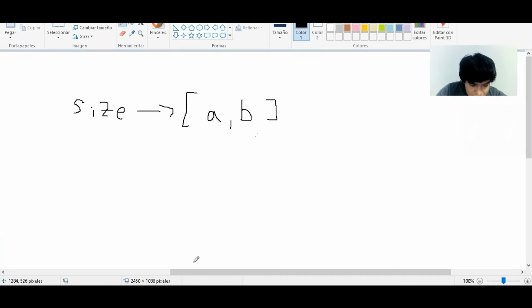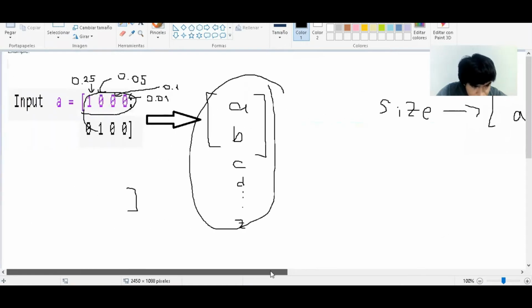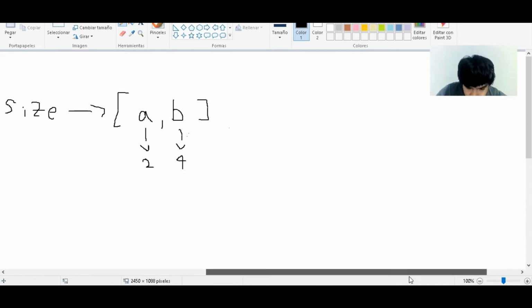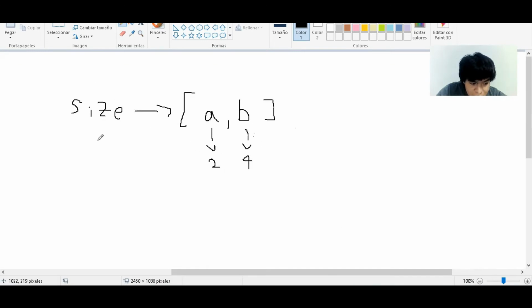So if a matrix is like a 3 by 3, it's going to be 3. If a matrix like this is like 2 by 4, then A is going to be 2 and B is going to be 4. Since we don't know how big the matrix is going to be because that's an input, we need to define size. And the number of rows is going to be the first value of this vector.